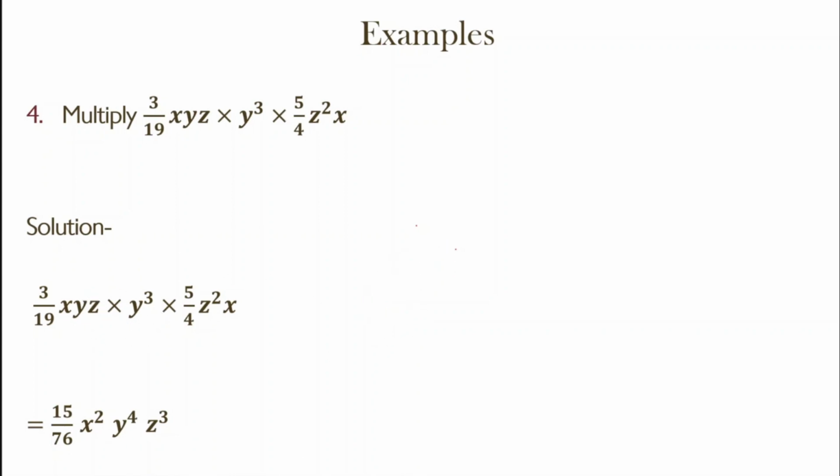Here z has power 1. Here z has power 2 and they are in multiplication. So z raised to power 1 multiplied with z square is z raised to power 1 plus 2, which is z cube. So our final answer is 15 over 76 x square y4 z cube. I hope it's clear to you.